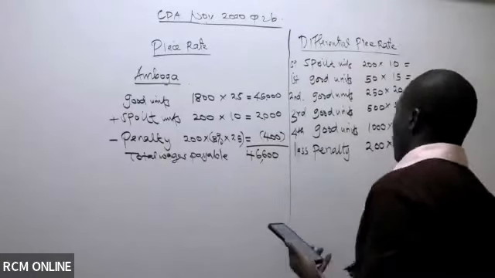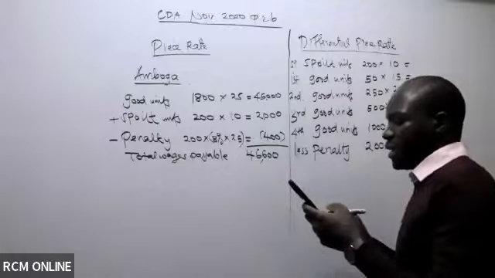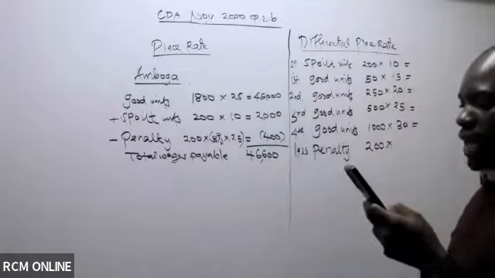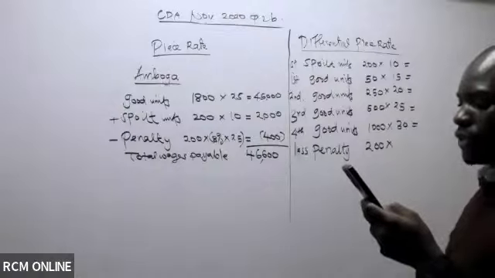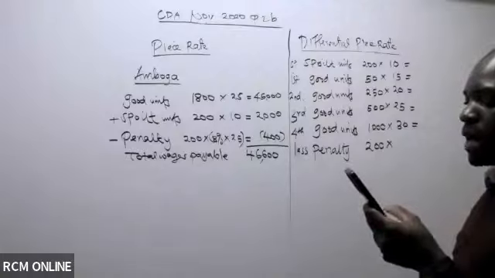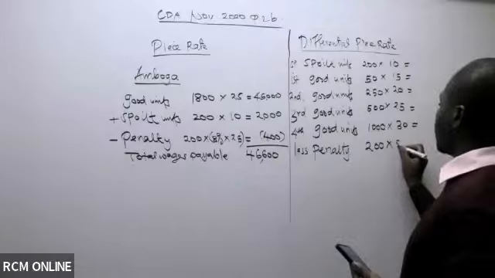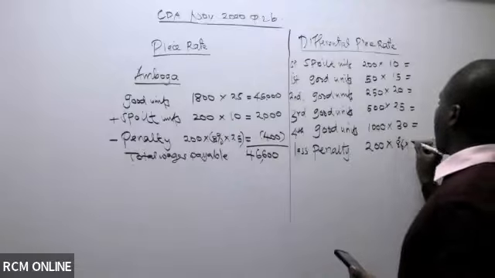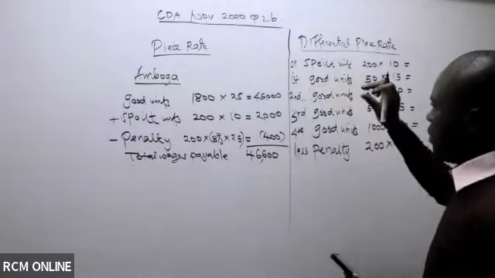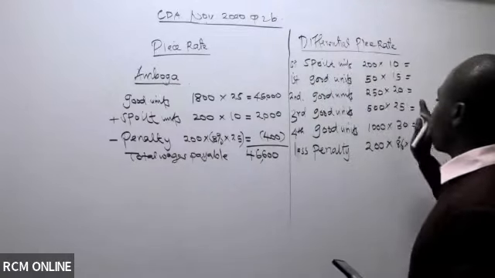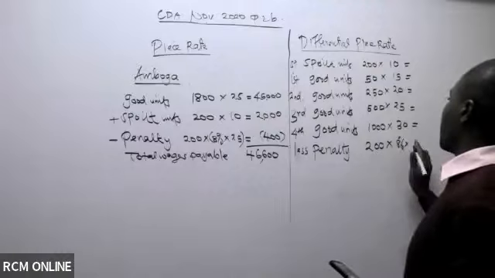And what were we told to be the penalty rate? We have been told that the spoiled goods will be paid at the rate of 10 shillings per unit and a penalty of 8% applied at the differential rate. The penalty will be 8% of the rate of that first batch. The rate at first batch is 15 shillings for the good units. So you only get to charge penalty 8% of that rate.